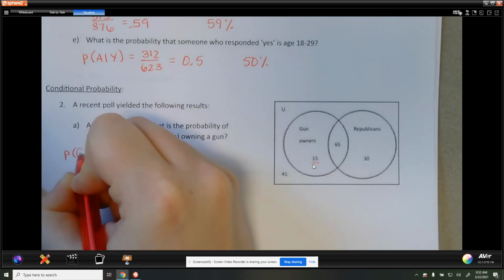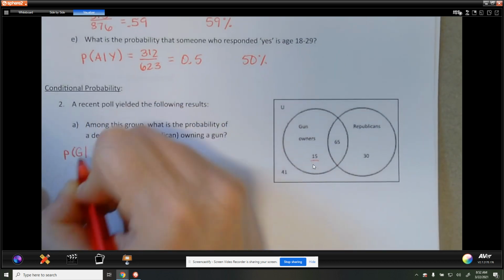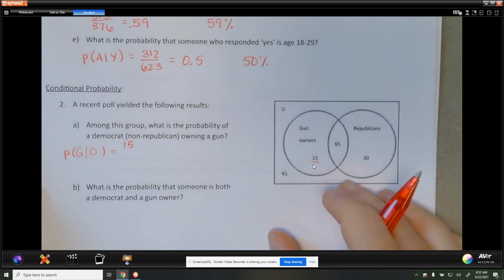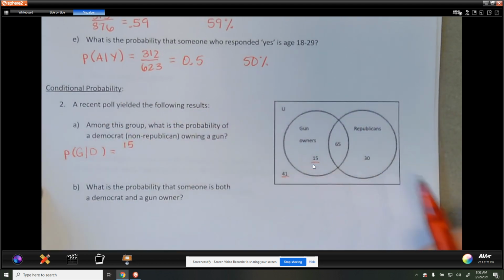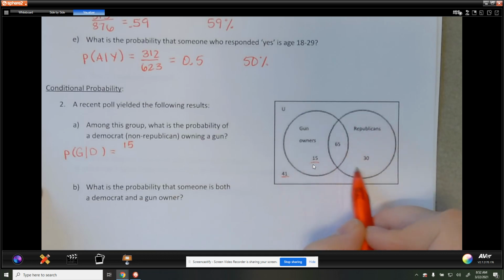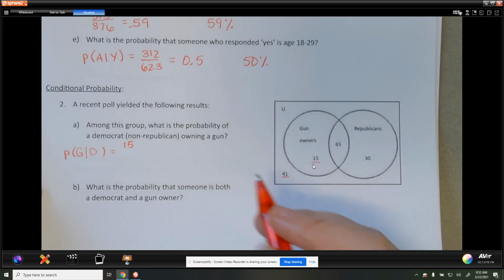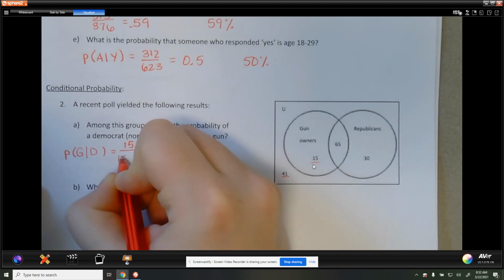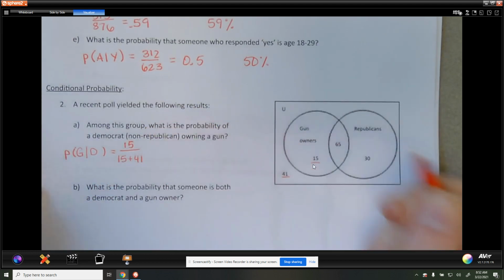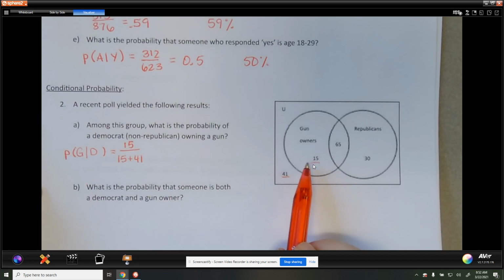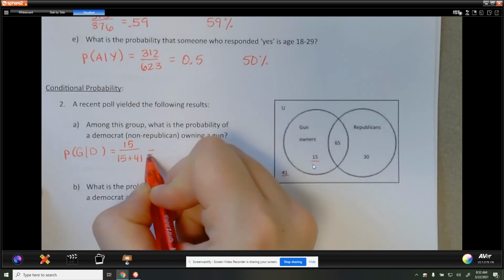This is like gun owners, given that they're Democrat, I guess, not a Republican. These are the total people that are not Republicans, anything outside of the circle of Republicans. So 15 plus 41 goes on the bottom. 15 of them are gun owners of these people surveyed.